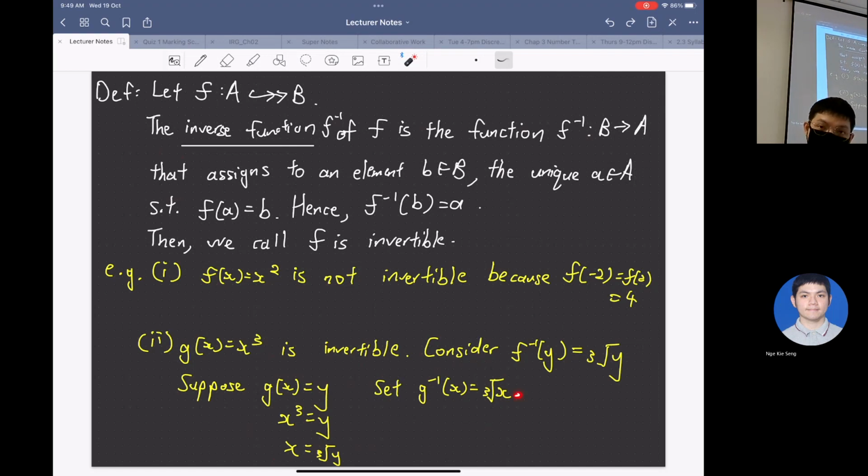This one. Why do I write it like that? What do you mean? You mean how to set g inverse? Oh, okay.